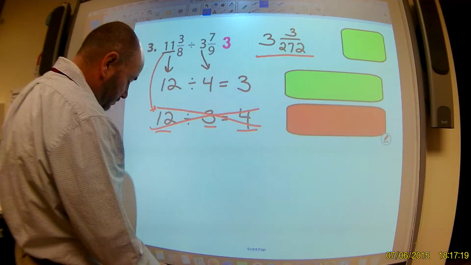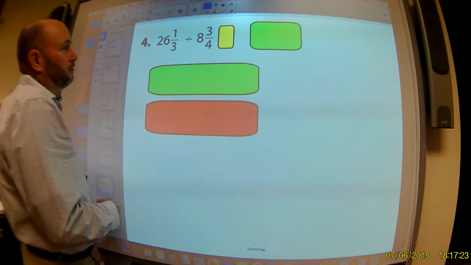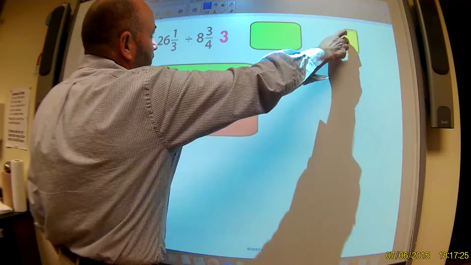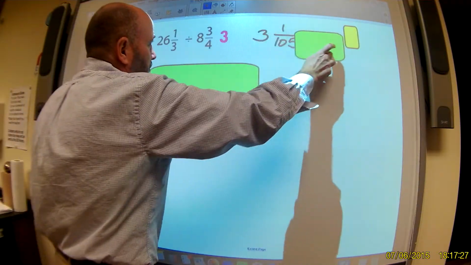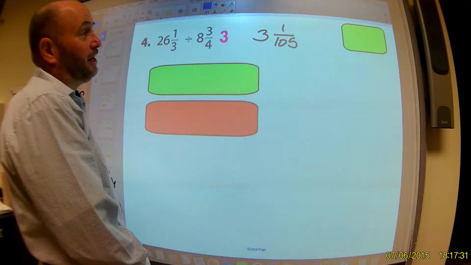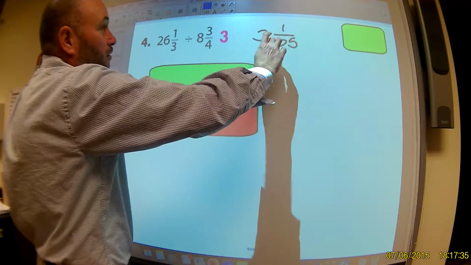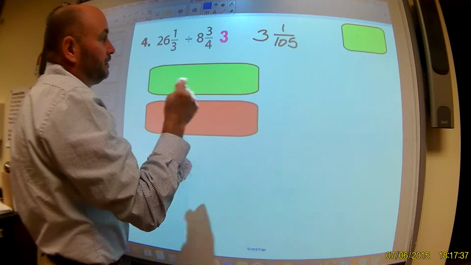All right? The last problem, 26 1/3 divided by 8 3/4. They came up with an estimate of 3. The actual answer would be 3 and 1/5 or so.